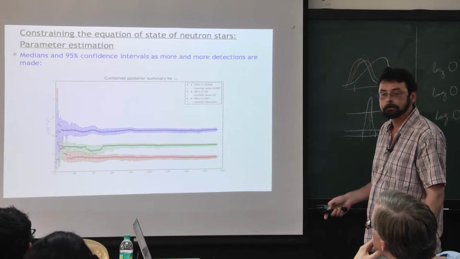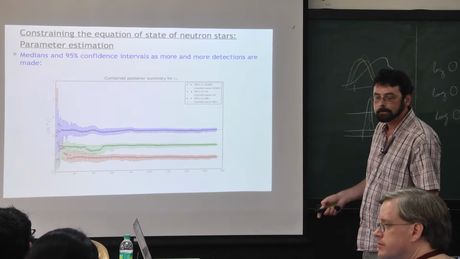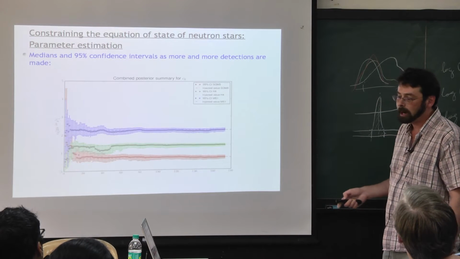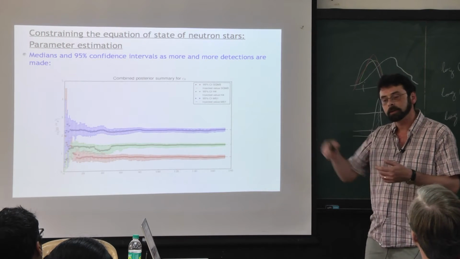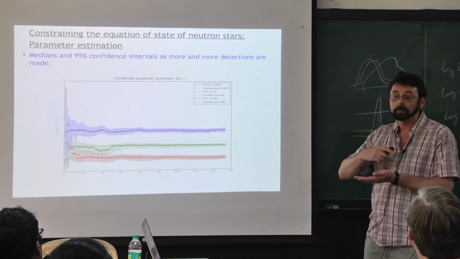What is the quality of the data? For example, do you need to put high SNRs to say that? No. So here the combined SNR from 3 detectors, 2 LIGOs and 1 Virgo, the SNR cutoff was taken to be 8.